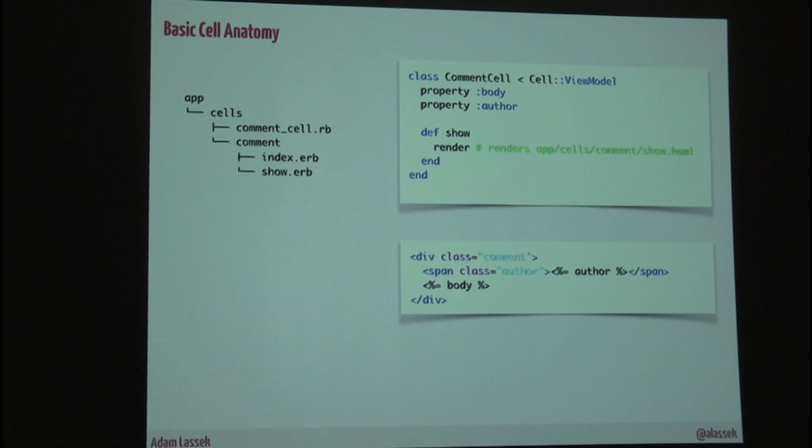So you have the RB file, which is the view model, and then you have a subfolder with the view templates that it can render. Those view templates belong to that view model and don't get used with anything else, and they live in one place. And everywhere you reference that view model, it uses that same template logic. So it's much easier to find things in general with this type of layout.